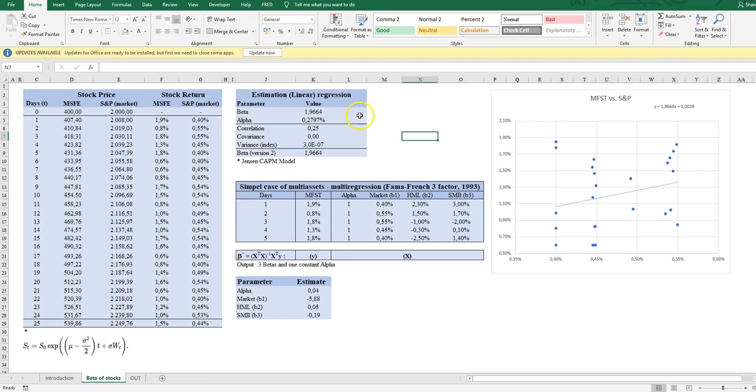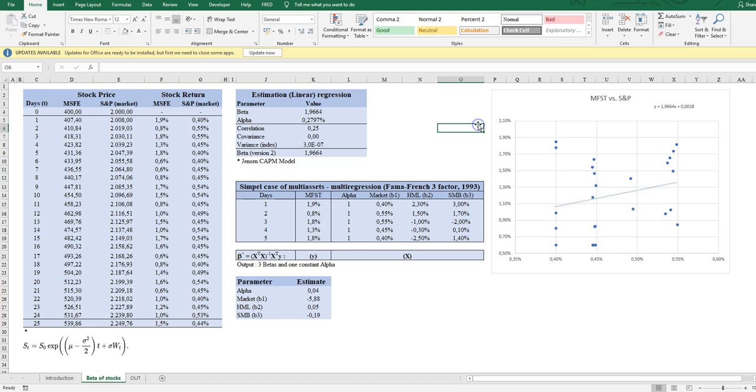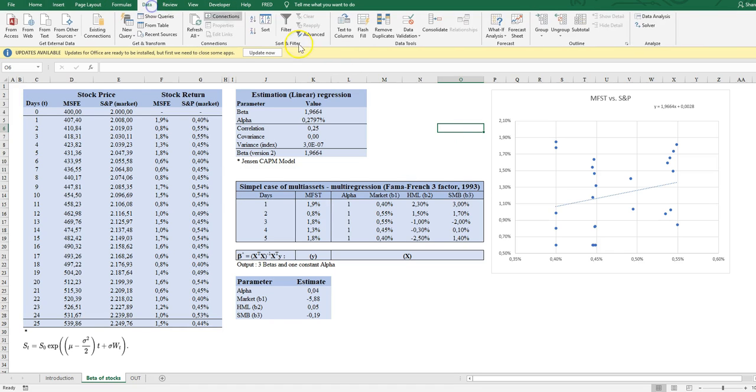So we can calculate the one factor model here in so many ways. We have one way here, and we have another one here, and we could use matrix as well, and we can use Excel's built-in function here in data.